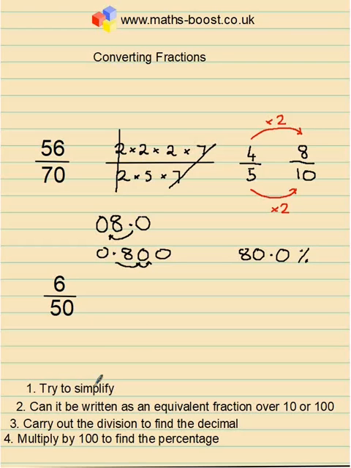Let's do another one. The first thing is we're going to try and simplify. Again, as I've said, there's many ways of doing this, but I'm going to write it out as a product of its prime factors.